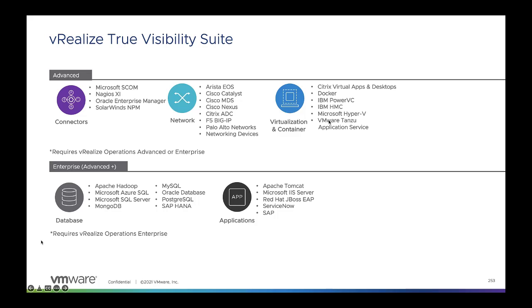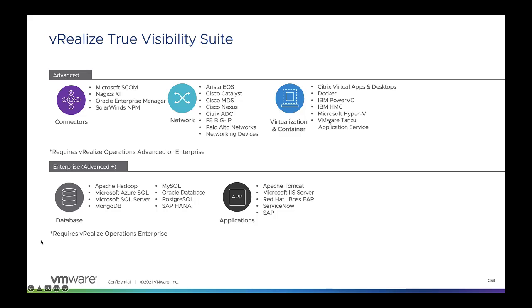So anything that's utilizing SNMP, we can collect from for those networking devices, as well as virtualization containers. So anyone utilizing Hyper-V or IBM PowerVC or HMC, as well as Docker and Citrix Virtual Apps and Desktops.